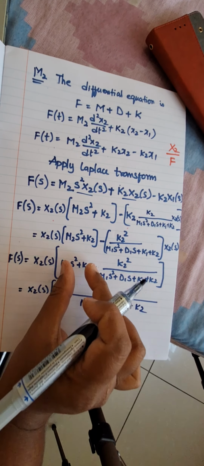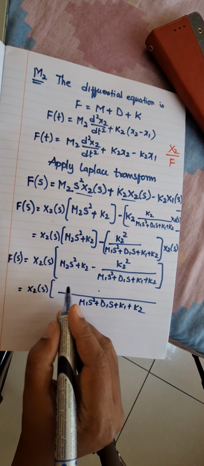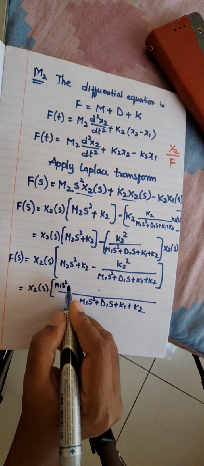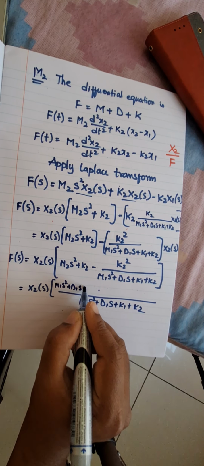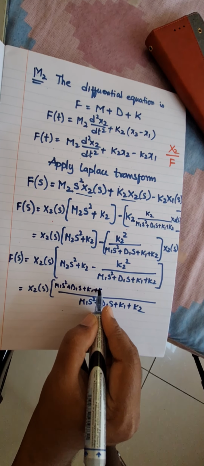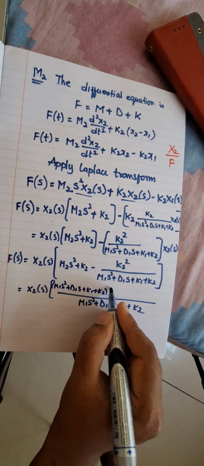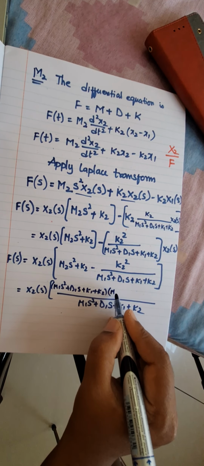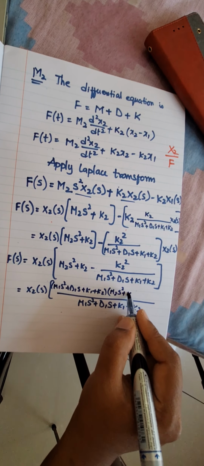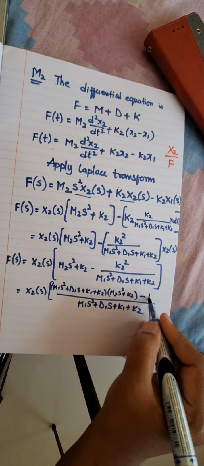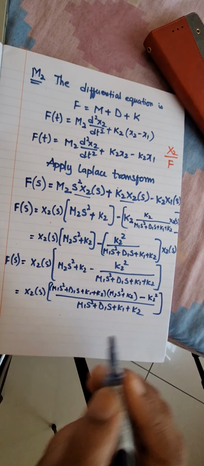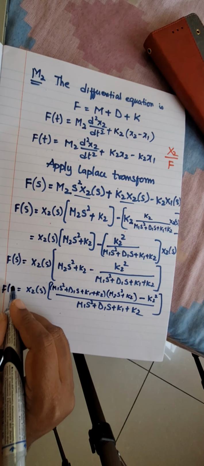So this will be multiplying to this because there is no LCM here. So m1 s square plus d1s plus k1 plus k2 into m2 s square plus k2, minus k2 square, which is equal to F of s.